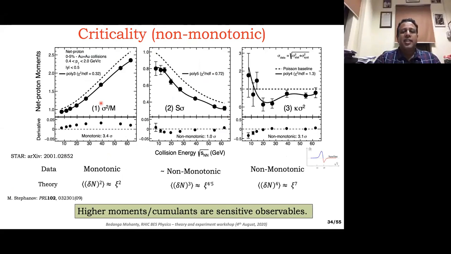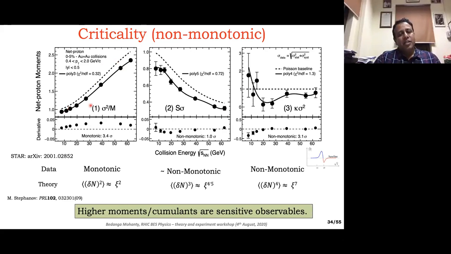All the data shown are for 0 to 5% gold-gold collisions at mid-rapidity. The middle panel is skewness times sigma, and this panel is kurtosis times variance, all plotted as a function of collision energy. The Skellam or the Poissonian expectations are shown by the dashed line.